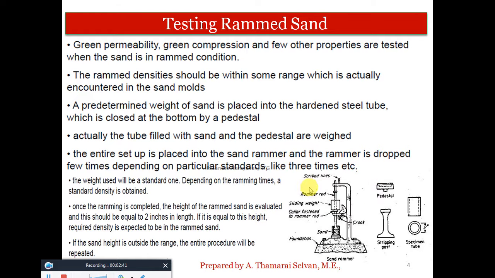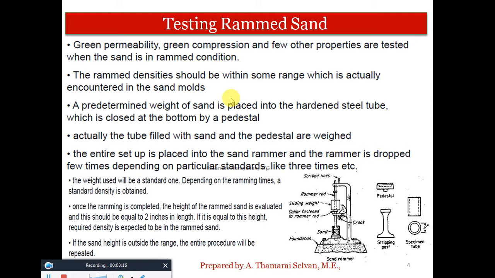So here a sand rammer is used to ram the sand in the container, and this machine has a foundation at the bottom, and there is a rammer rod, a sliding weight which is used to give some extra force to the sand and rammer, and a collar fastened to the rammer rod. These are the components in this particular ramming machine, and the rammed densities should be within some range which is actually encoded in the sand molds.